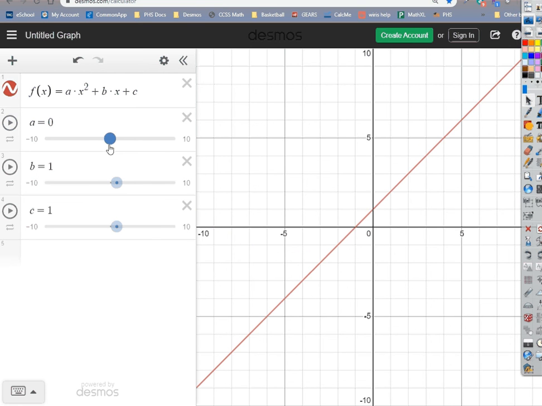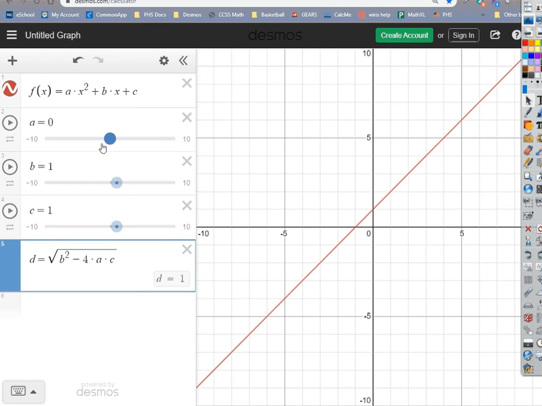All right, so I'm going to calculate something else down here. I'm going to calculate d, which is going to equal the discriminant. So that's going to be the square root of b squared minus 4 times a times c, and it's going to calculate values for the discriminant.